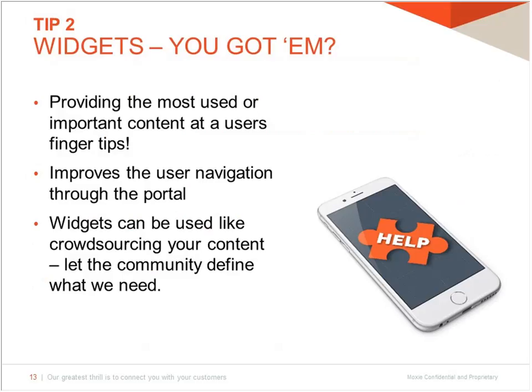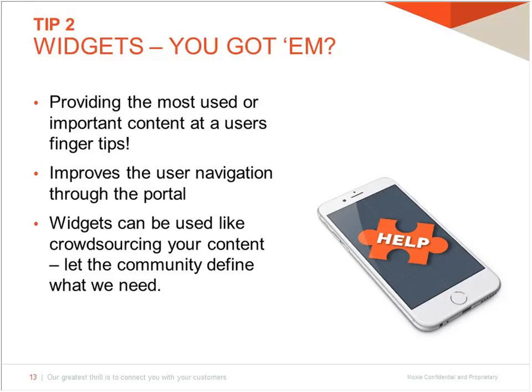My second tip is widgets. You've got them, so let's make sure we're using them. Widgets are a great way for you as the administrators, the organization, the company, to help users easily navigate and easily find the content they're looking for. Again, as we talked about in the beginning, path of least resistance. If the frequently used things are right there on that home page, that's something I gravitate to, and I'm going to be able to find my answer more quickly.